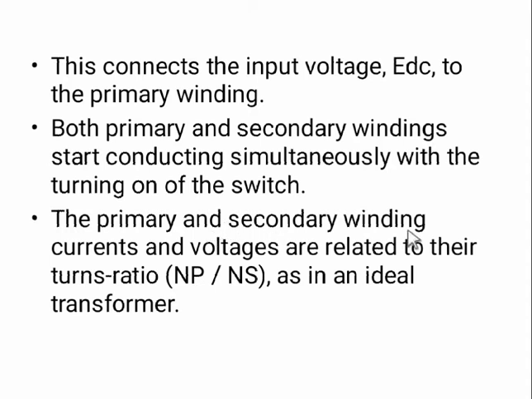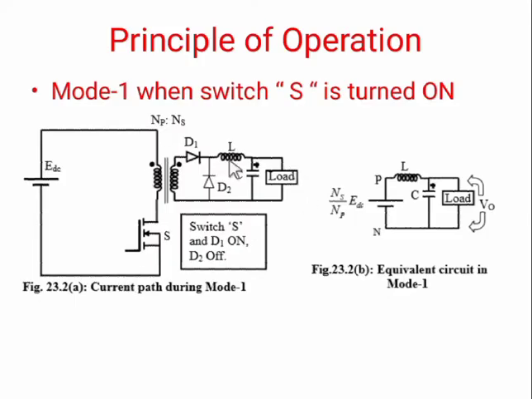The primary and secondary winding currents and voltages are related by their turns ratio, which is NP by NS, as in ideal transformers. As we all know, the voltage is stepped up and stepped down by the number of turns. So the secondary available voltage is NS divided by NP into the primary voltage, which is EDC.